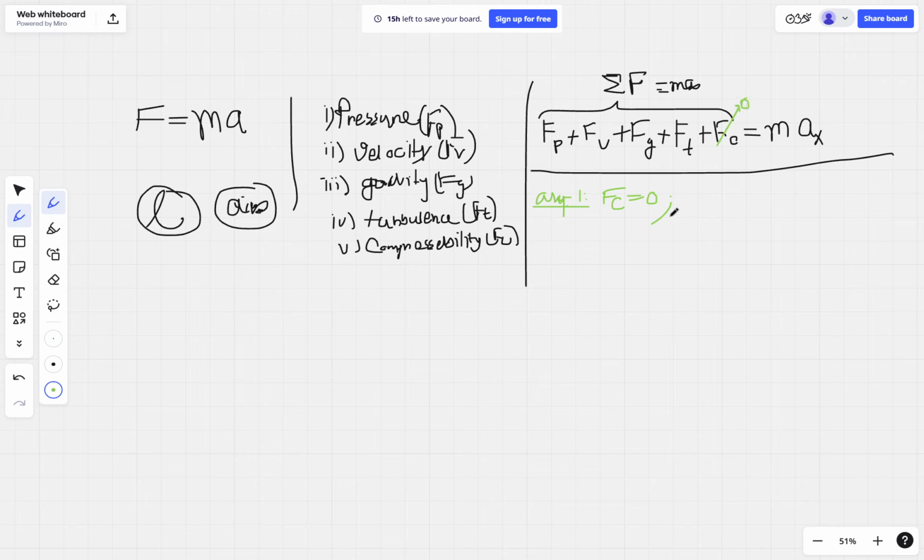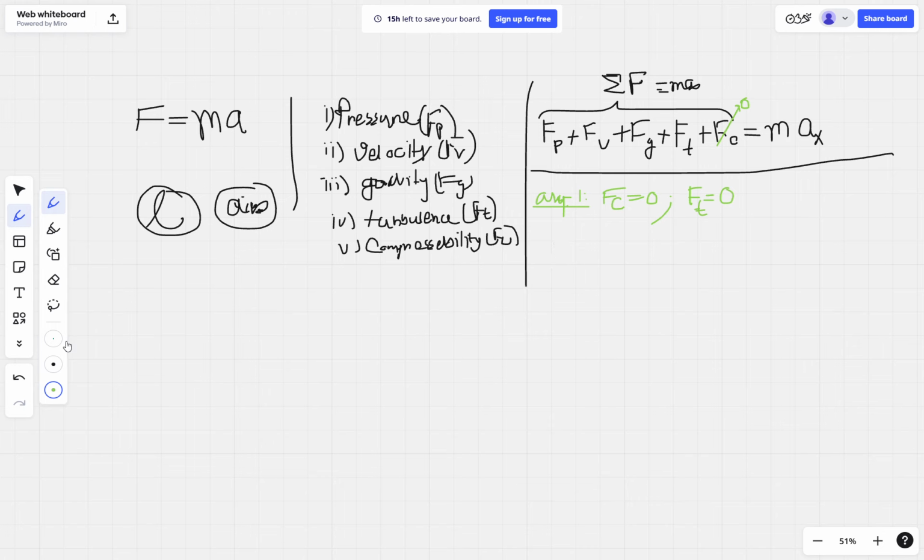After that, we also assume that the force developed due to turbulence will also be 0. So it's like the flow is a laminar flow, and as there is no turbulence, the force built up due to turbulence will also be 0.